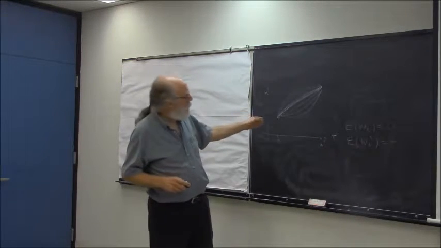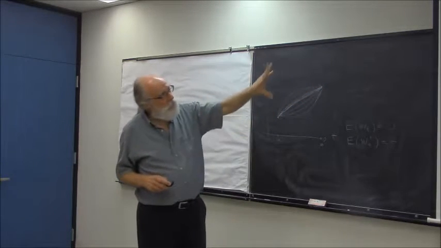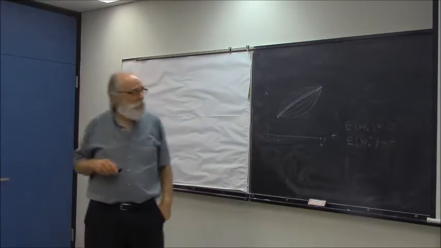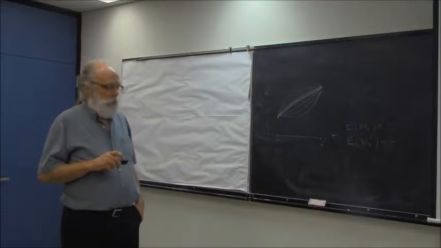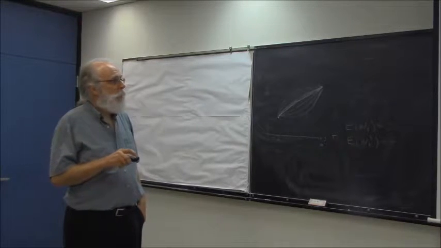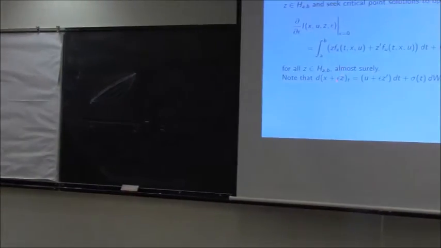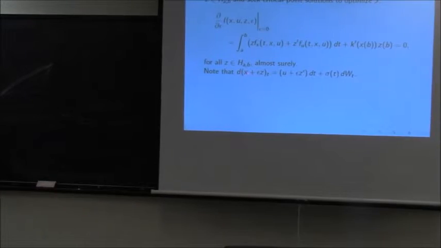We may restrict them to be certain values at the end, but we don't necessarily have to. We can look at this class of functions and still look at the same thing we did before. Look at a variation for this process, and the things that are going to happen with this variation are that we're going to plug that in.